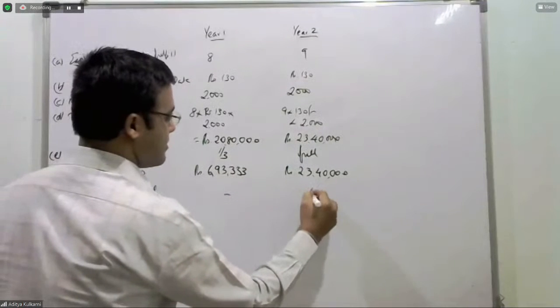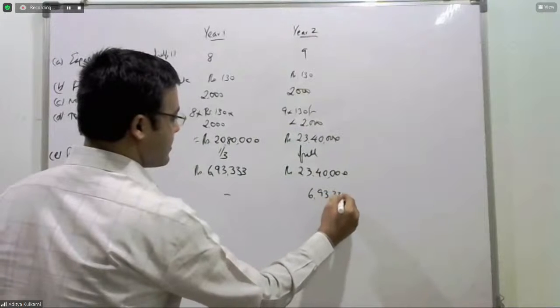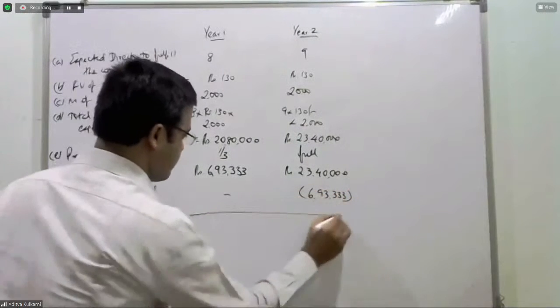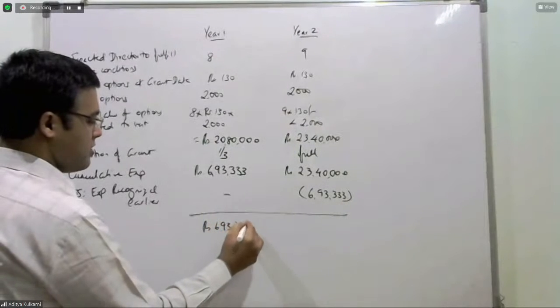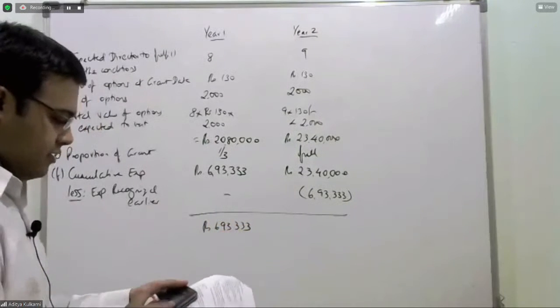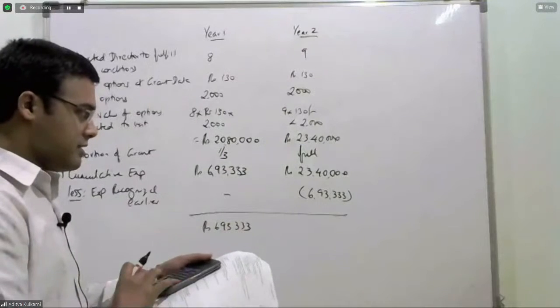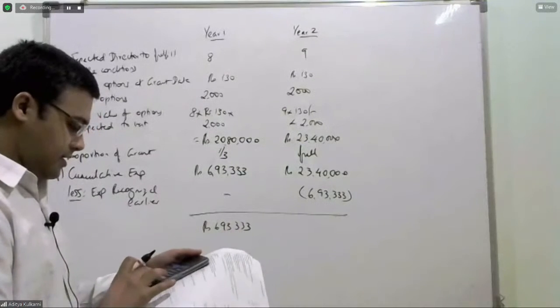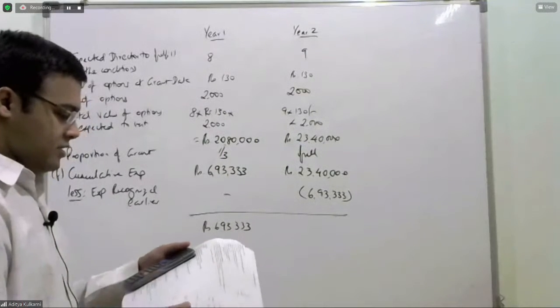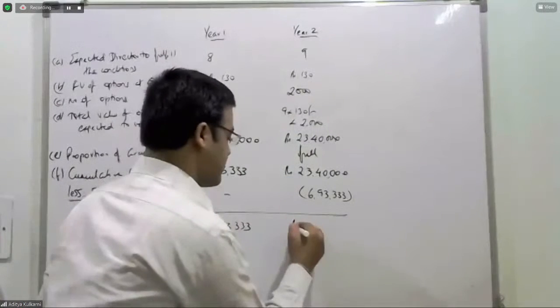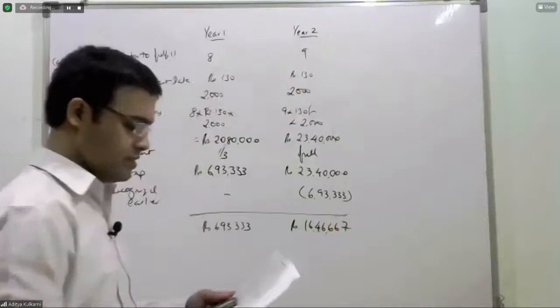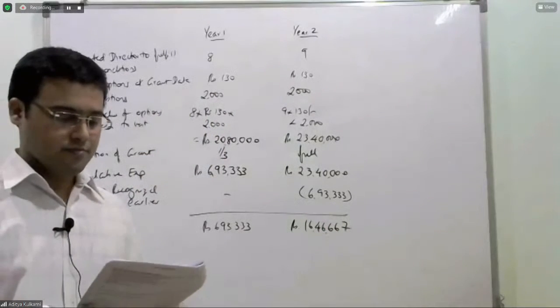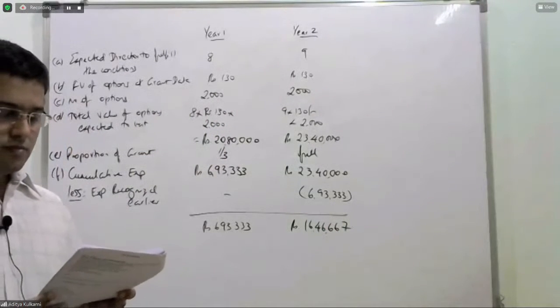Here it is 6,93,333. So expenses for the year will be 6,93,333 for the first year. For the second year, it will be 16,46,667. All right.